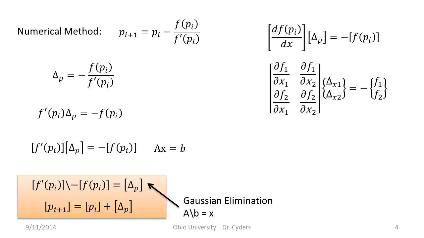If I were to multiply that by an unknown matrix where I'm changing a guess in both x1 and x2, then that would be equal to negative f1, f2, this vector here. So essentially we have the exact same form that we had back here, Ax equals b, except I now have a matrix form that allows me to use more than one equation with more than one variable.